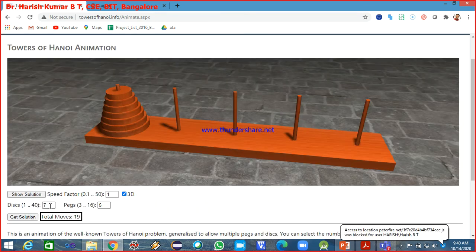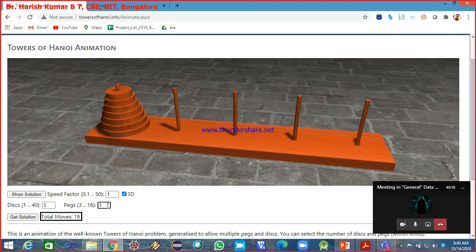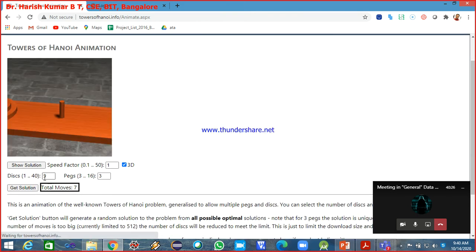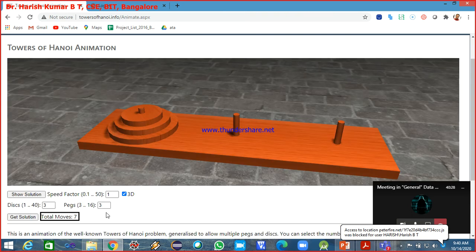Okay, so I'll choose the number of disks to 3, and the number of pegs now is 5. We'll not worry about 5 pegs, only 3 pegs are enough for us. I'll just say get solution. It says shifting 3 disks from the source peg to the destination peg using 1 as the auxiliary will happen in 7 moves.